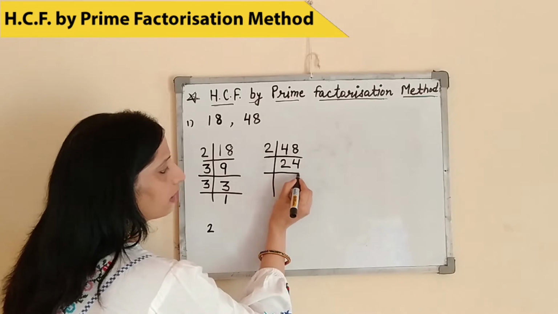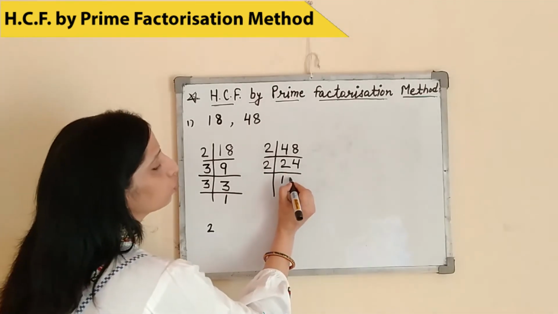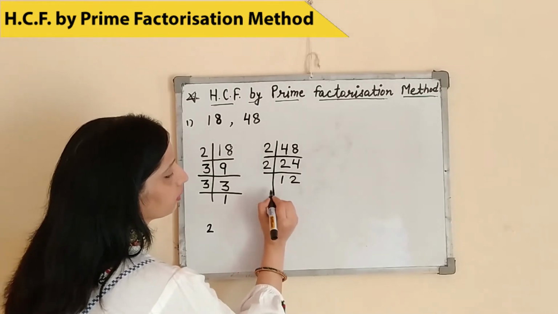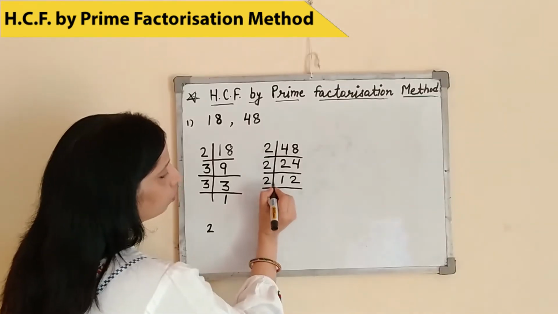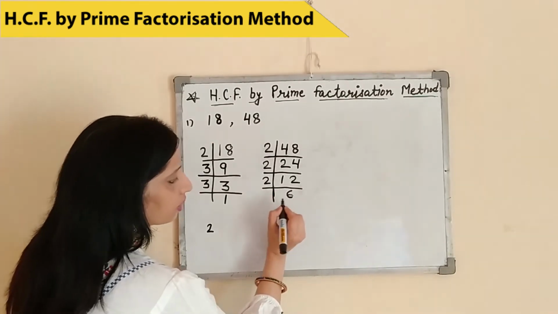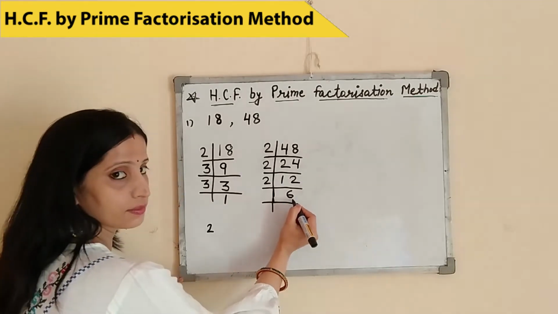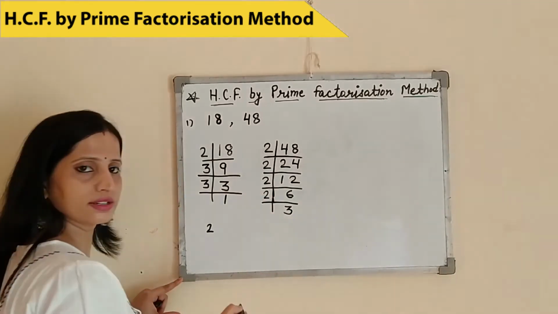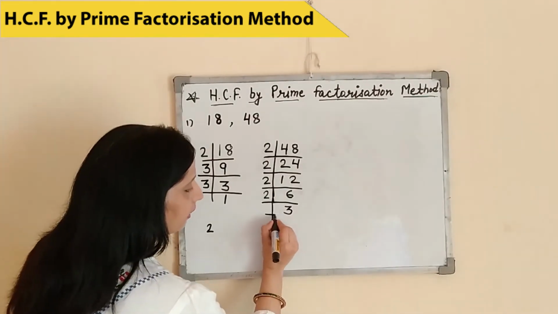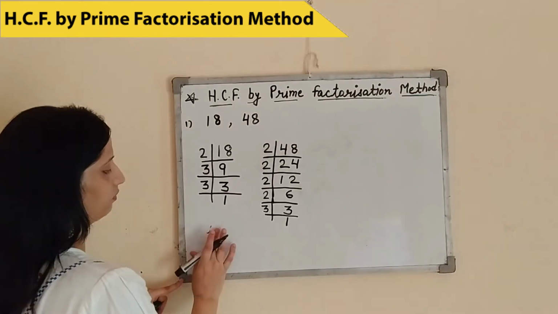We will again divide it by 2. 2 1s are 2, 2 2s are 4. We can again divide it by 2. 2 6s are 12. Again 6 comes in the table of 2. So 2 3s are 6. And then 3 1s are 3.